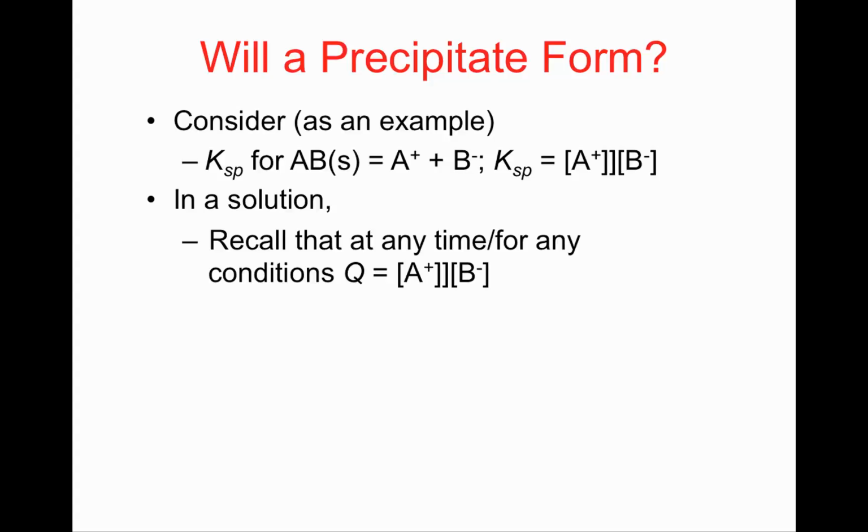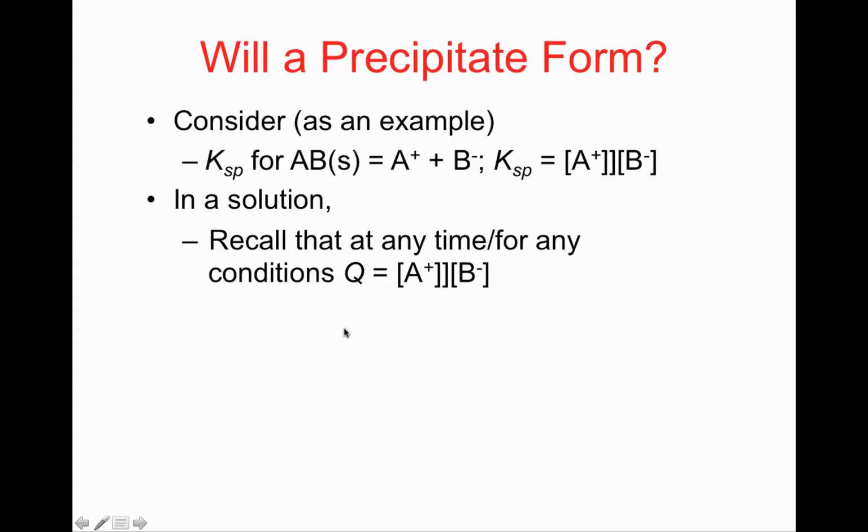So if I take two ions and dump them in solution, and the concentrations are fairly high, and the Ksp value for the corresponding salt is very small, that means the reaction is probably going to have to go to the left for the system to reach equilibrium. Again, a solid's going to crash out, and that's the precipitate right there.